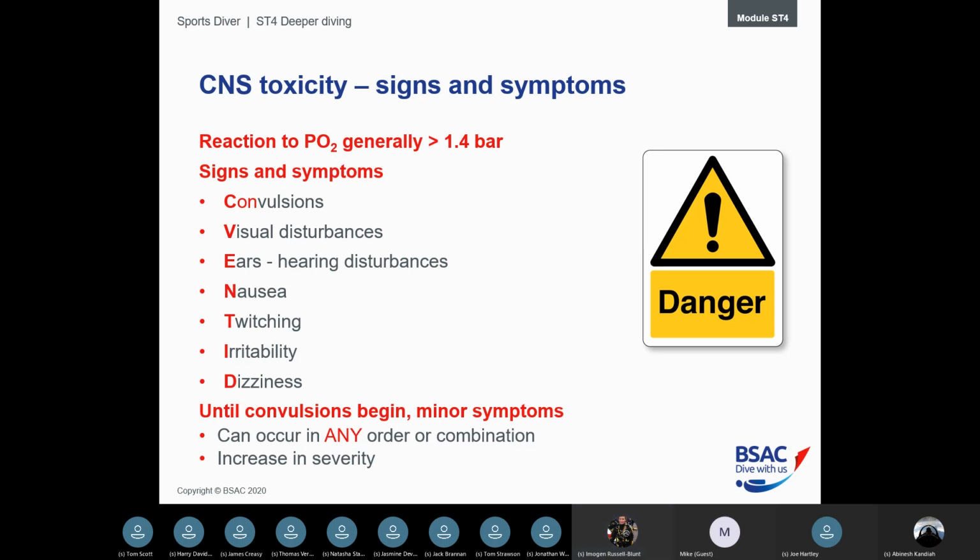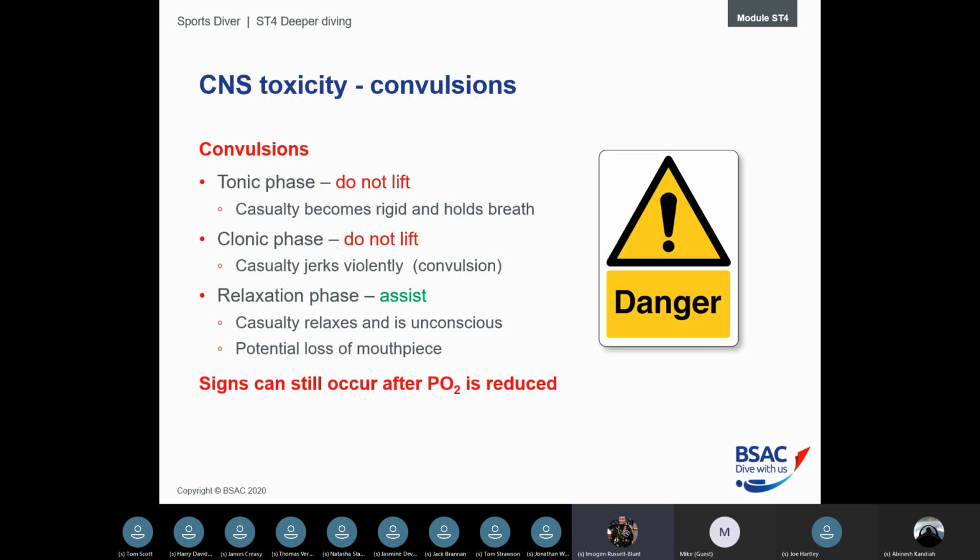That is not a good situation to be in. These things happen in any order. You can have one of them, all of them. They might get them backwards, forwards, a few in the middle. You just need to know that they are what you're looking for. And they can increase in severity. It might be a twitching finger to begin with, and your whole arm starts going, and then you're having convulsions.